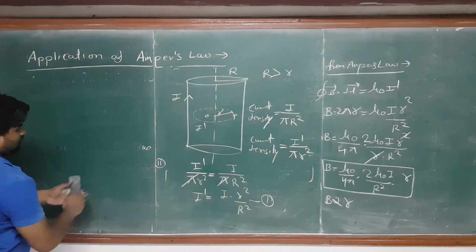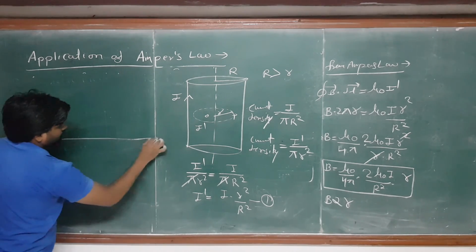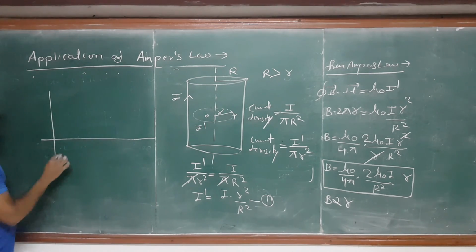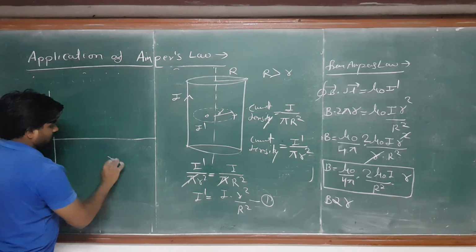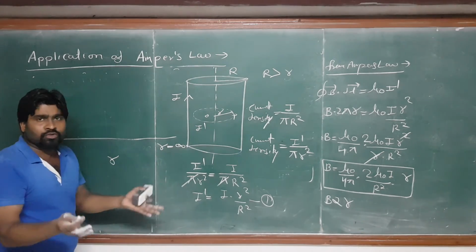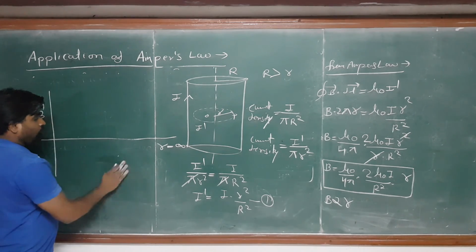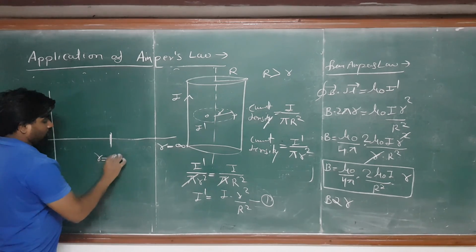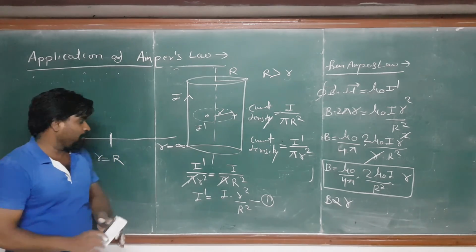Let's suppose this is the graph, and this is the magnetic field vector B, and this is the distance. Let's suppose r is equal to infinity, so at infinity there is no magnetic field, and as r decreases, at somewhere r reaches the surface where small r and capital R are the same.